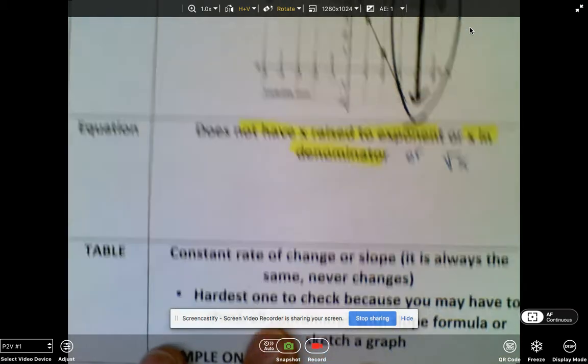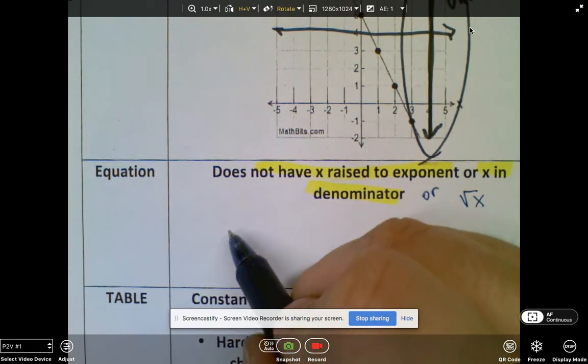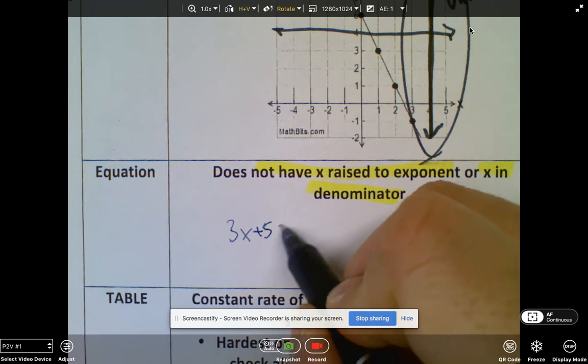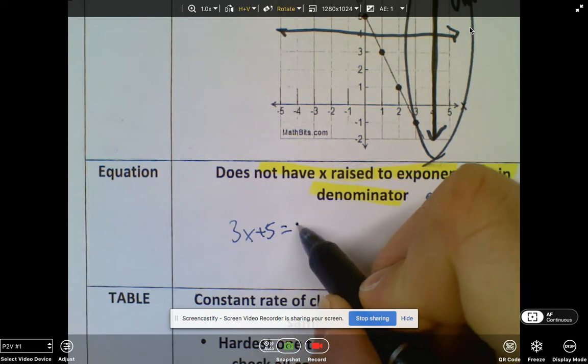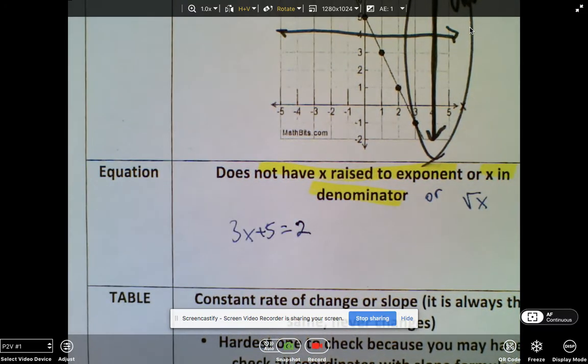So let's write on this side all the linear equations, just examples. You could have 3x plus 5 equals 2, so that's definitely linear.